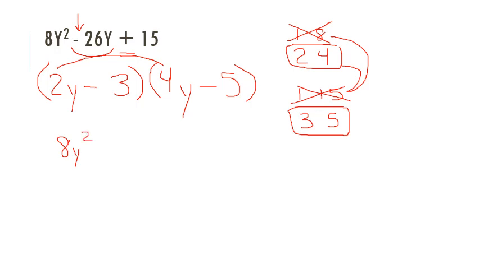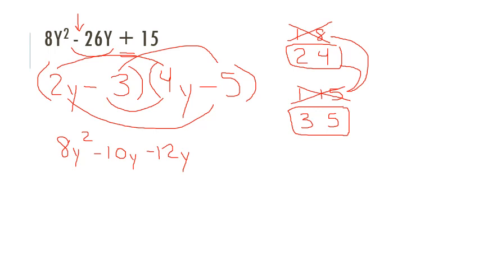And my outside terms, 2 times negative 5 would be negative 10y. Inside terms are negative 12y. And I can see right now this is not going to turn out to be negative 26. I'll just check to make sure I've got my plus 15, and I do.